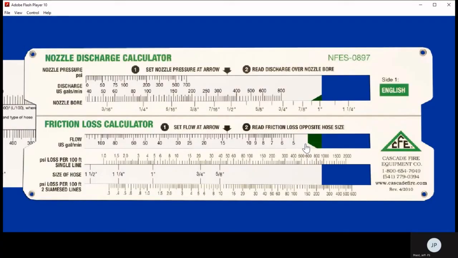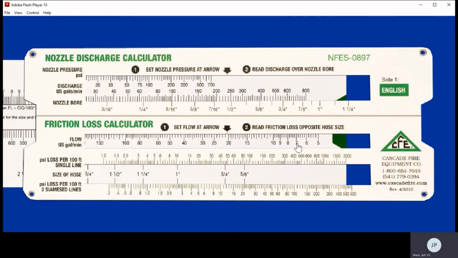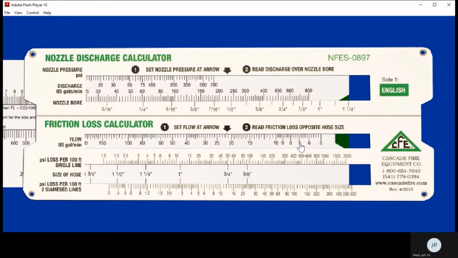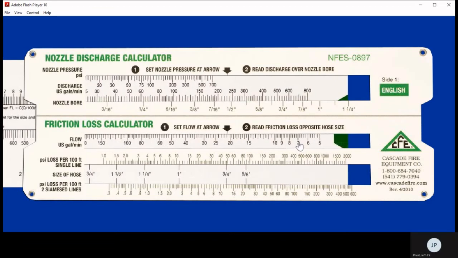All right, I bring her back another notch. Now I'm looking at 21 gallons a minute through 1.5 hose.